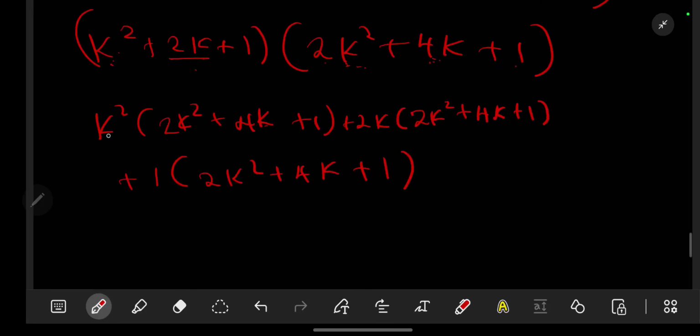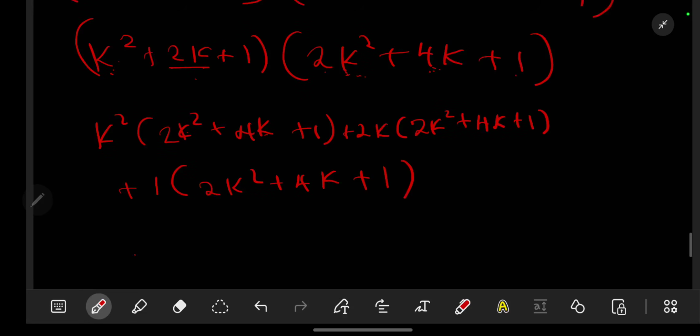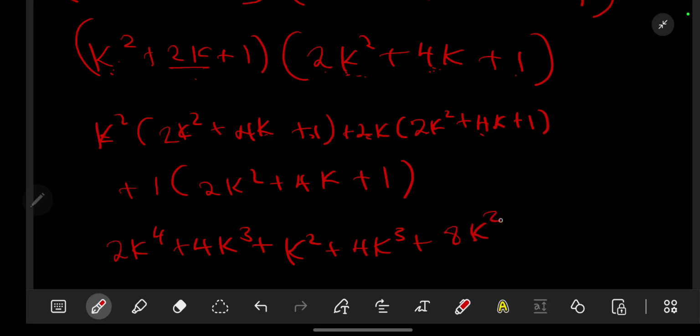So this gives us k by 2k squared. This will give us a value that will be equivalent to 2k to the power 4. This by this will give us 4k to the power 3, plus this and this will give us k squared, plus this and this will give us 4k to the power 3, plus this and this will give us 8k squared.